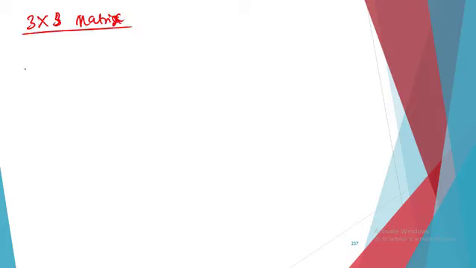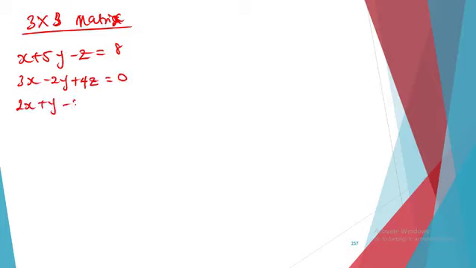An example, if we have x plus 5y minus z equal to 8, 3x minus 2y plus 4z equal to 0, and then 2x plus y minus 2z equal to 7.